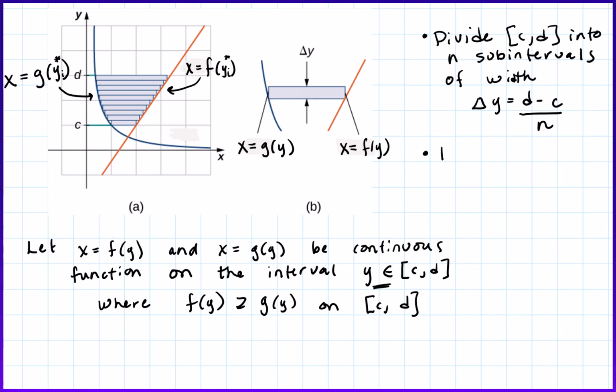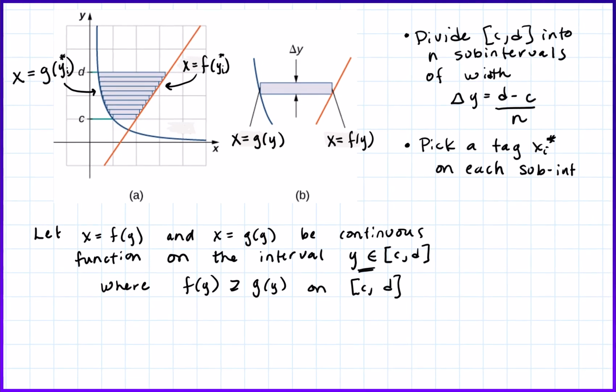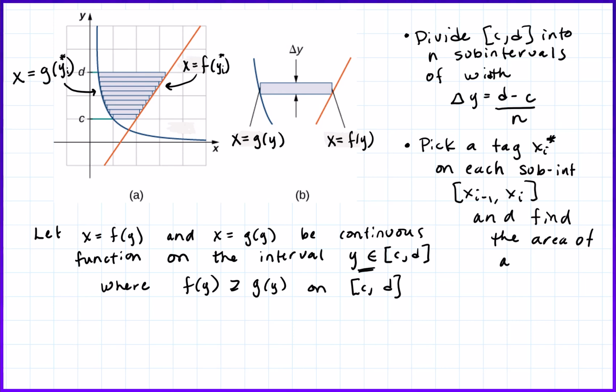Then we're going to pick a tag on each subinterval. We'll call it x sub i star. On each subinterval, x sub i minus 1 to x sub i, find the area of a rectangle on that interval.